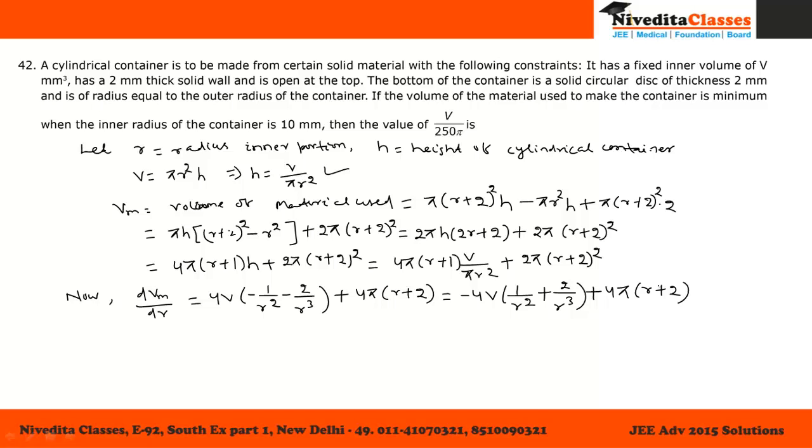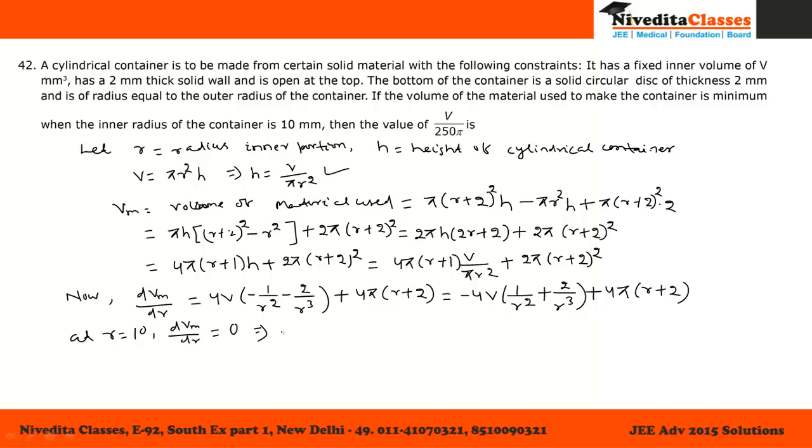Again, it is given that at radius equal to 10 mm, the volume of material used is minimum. So the derivative must be equal to 0. So at r is equal to 10, dVm upon dr is equal to 0.